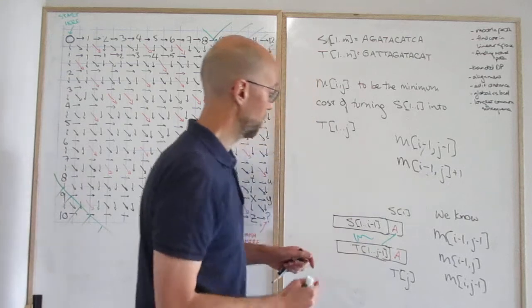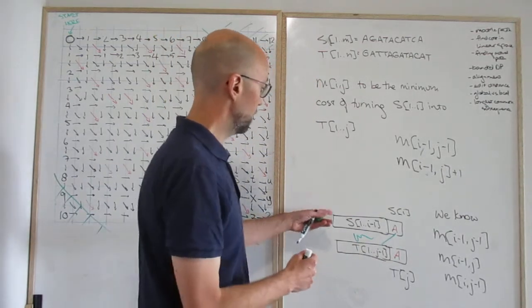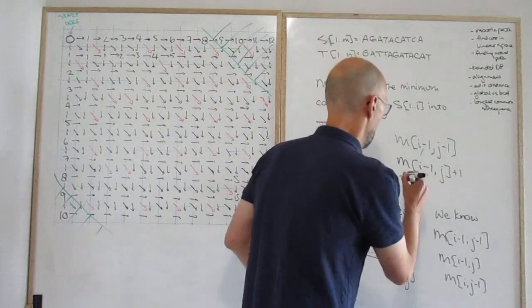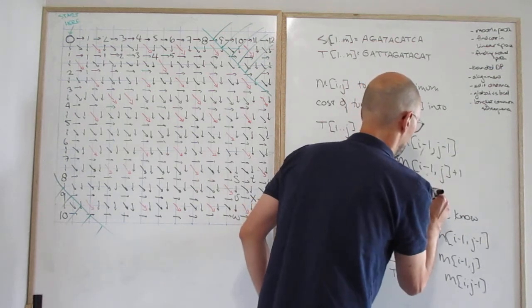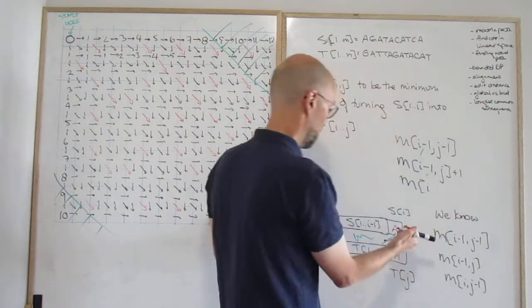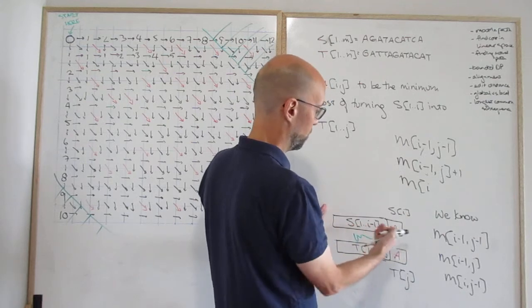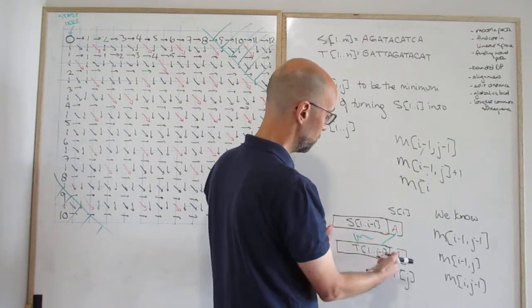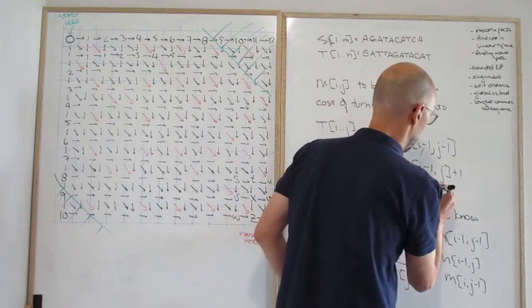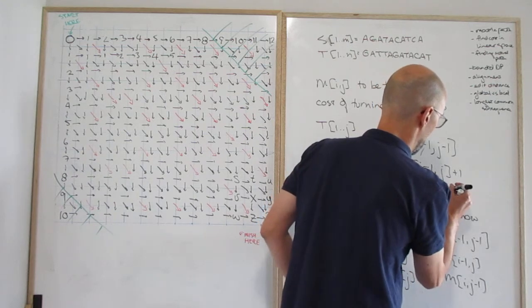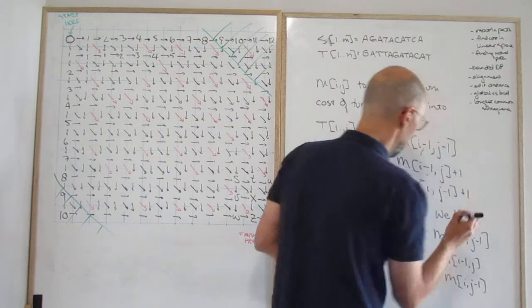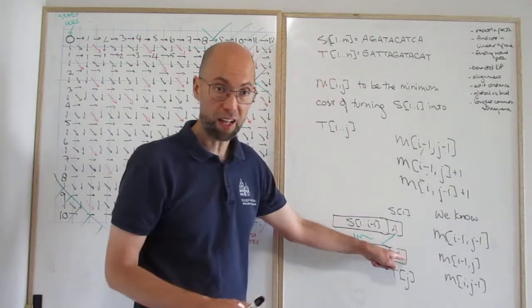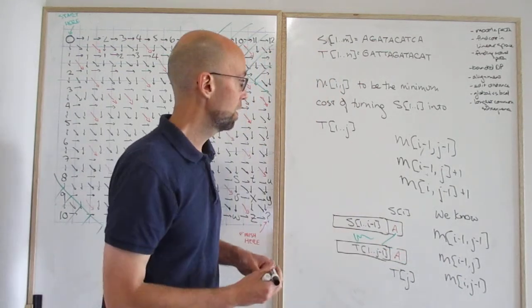So if we did that, what are we going to get? Well, it's going to be M(i, j-1), because we're aligning S1 to Si to T1 to T(j-1), and then we have a 1 because we have to insert this A, right?